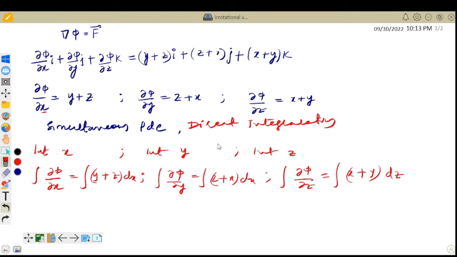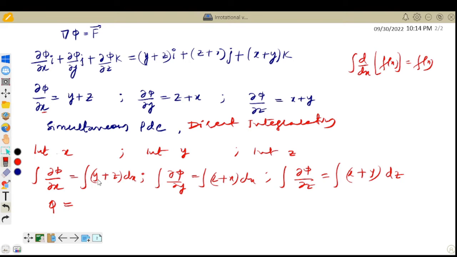Here we are using one of the important results: integration of the differentiation of any function f(x) is the same as f(x). Here also, integration of differentiation of φ is just φ, equal to, on the right side we are integrating with respect to x.